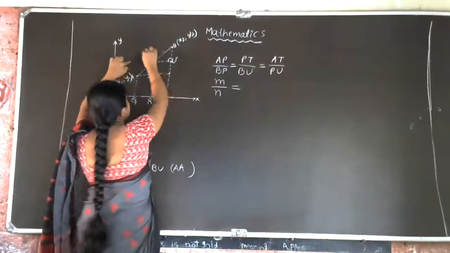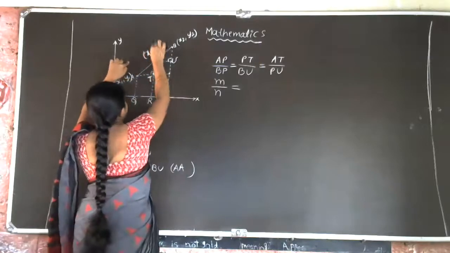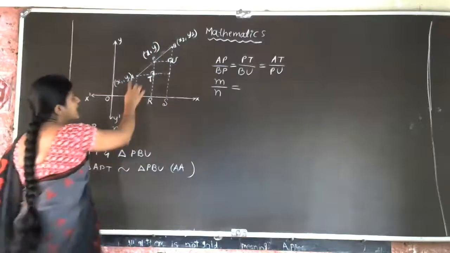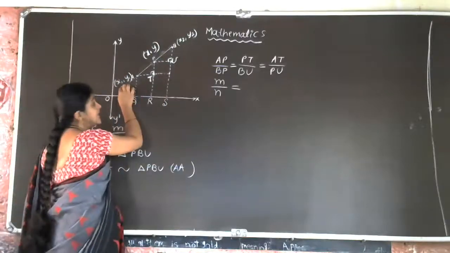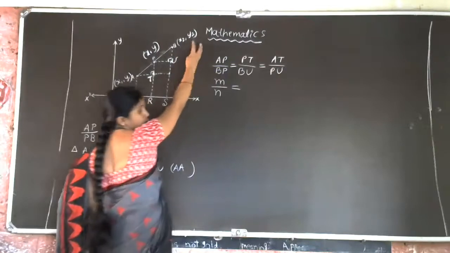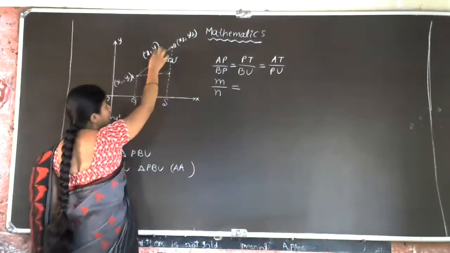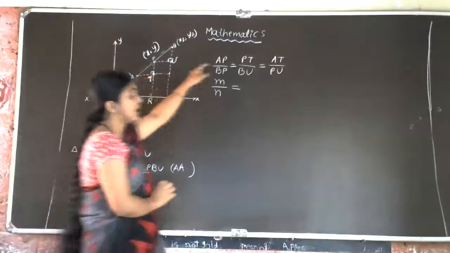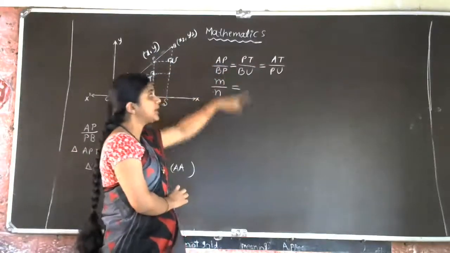P is unknown, so that point we will take as x comma y. Listen carefully: A point coordinates x1 y1, B point coordinates x2 y2, and P point coordinates x comma y. Now with the help of this we have to write PT, BU, AT, PU.